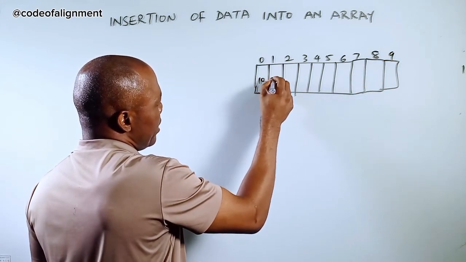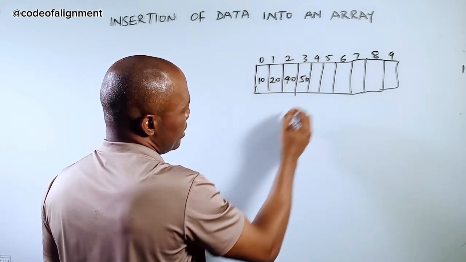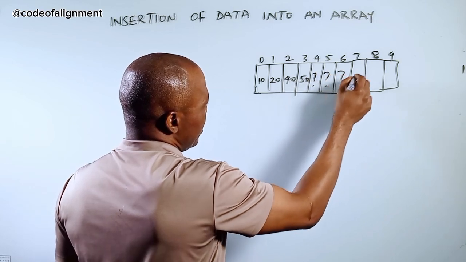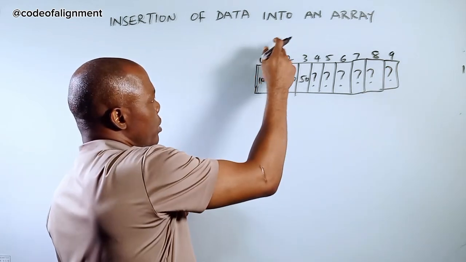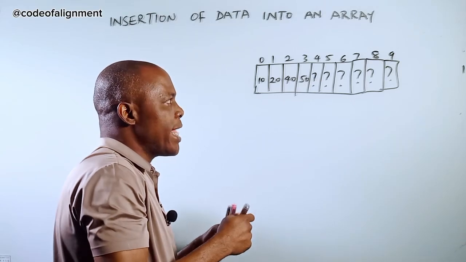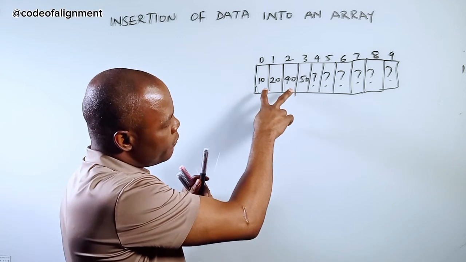I put 10, 20, 40, 50. Here, I don't have anything. So I'm declaring an array for 10 elements, but I'm only supplying 4 elements.